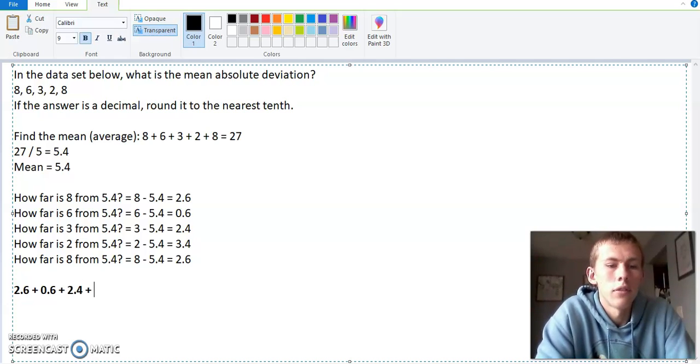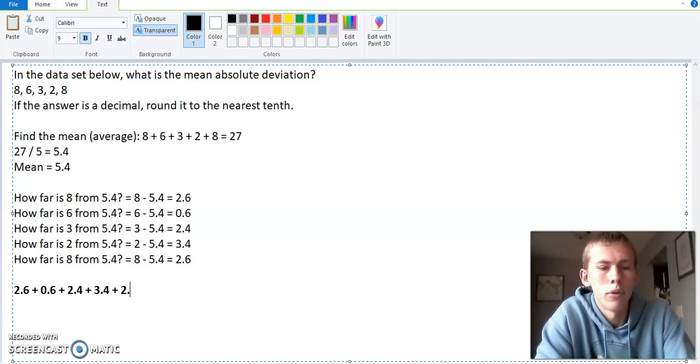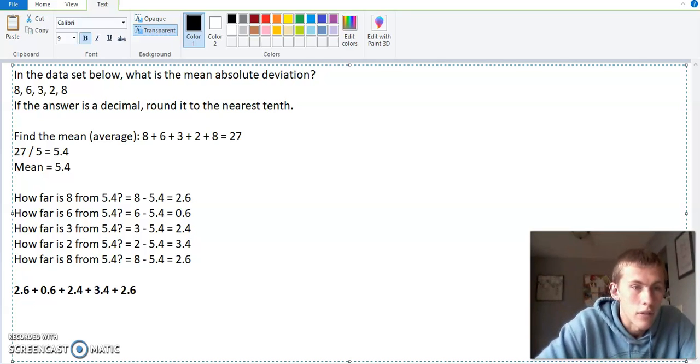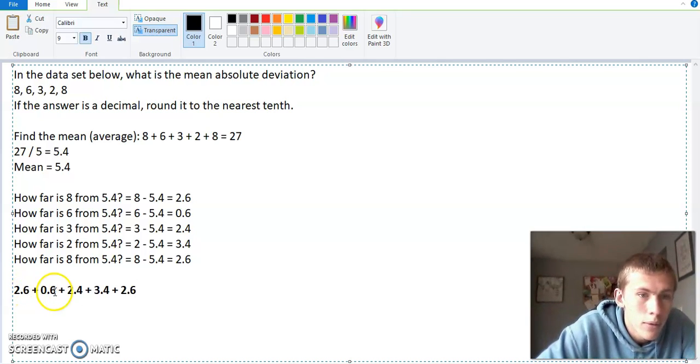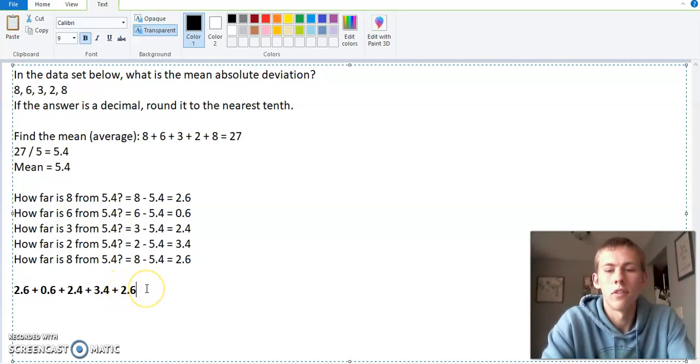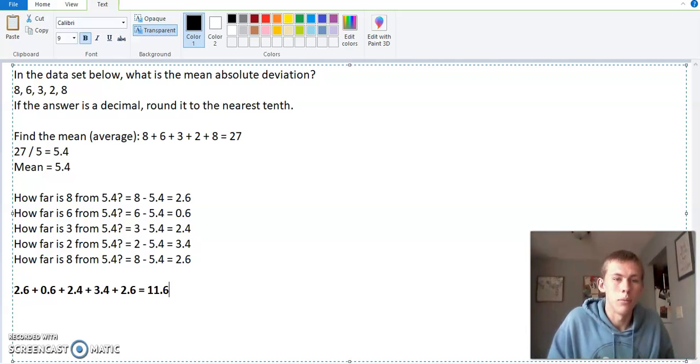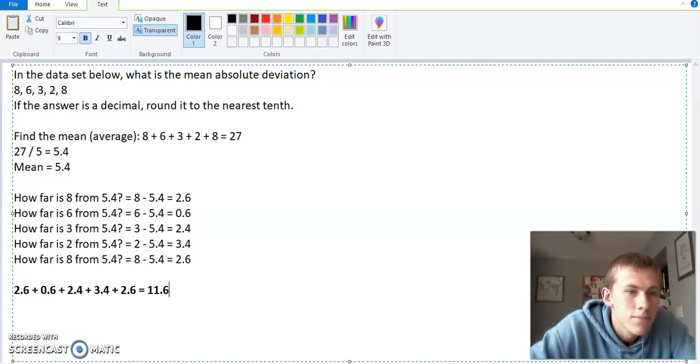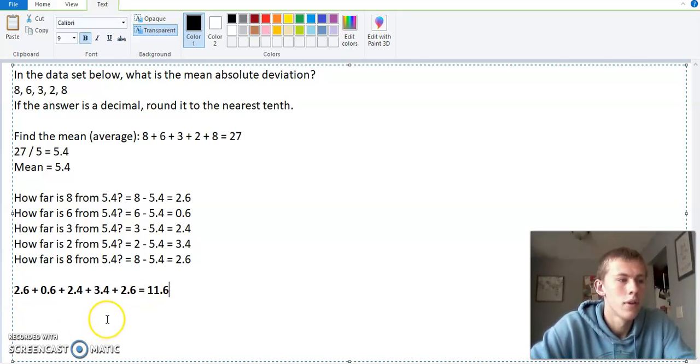2.4 plus 3.4 plus 2.6. All right, we've got to add these babies up. 3.2, 5.6, 9, 11.6. Okay, I believe when you add these up, you get 11.6. Let me double check though. I don't want to mess this up here. I got something different that time.